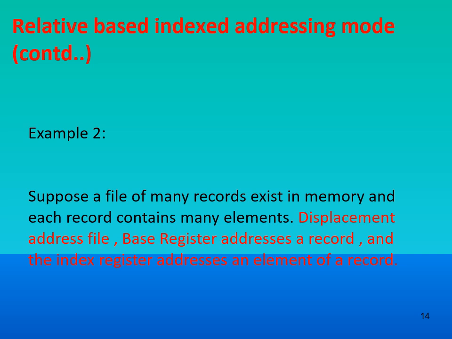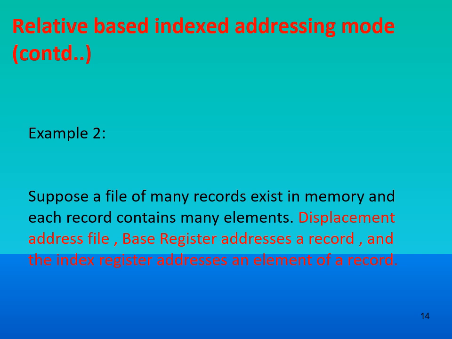Suppose you have a file of many records in the memory and each record contains many elements. It is like a two-dimensional array. So the displacement can take you to where that file is residing in the data segment.